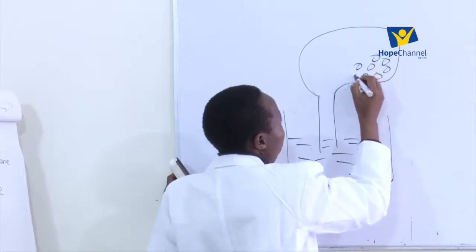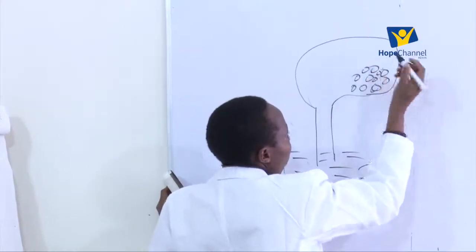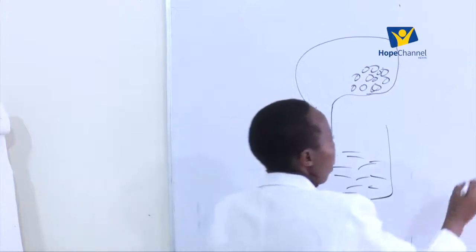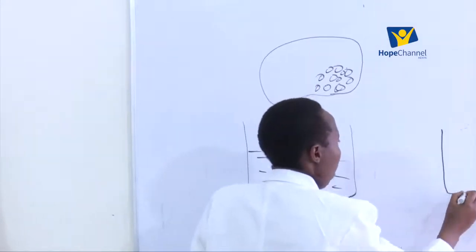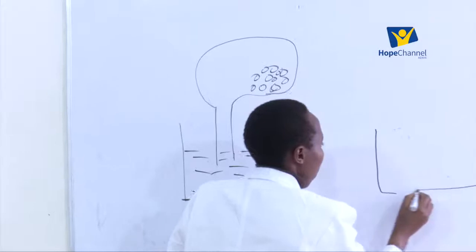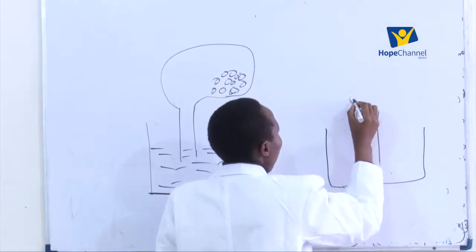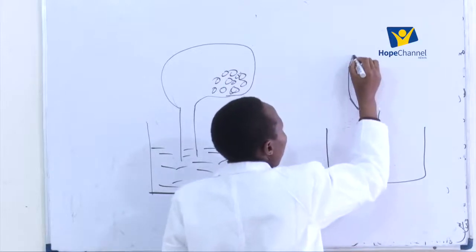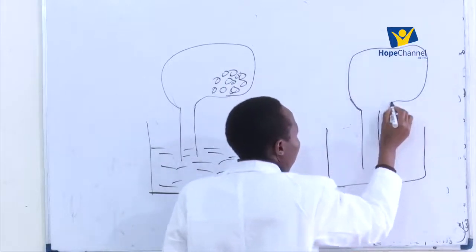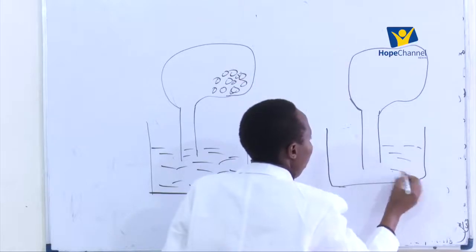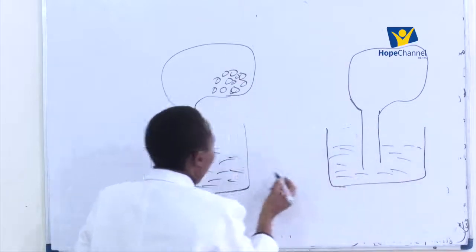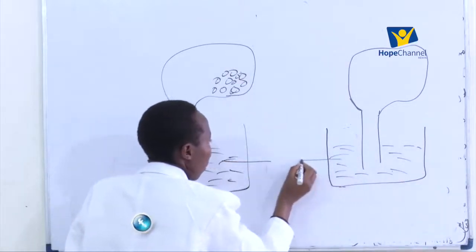Assume I have seeds here. So these are seeds, and then I assume I do that setup. Then in the second setup, still the same, but now I'm going to have something that has happened. Then I have this one. And of course, what have I placed inside here?